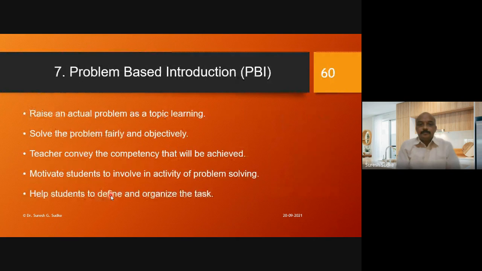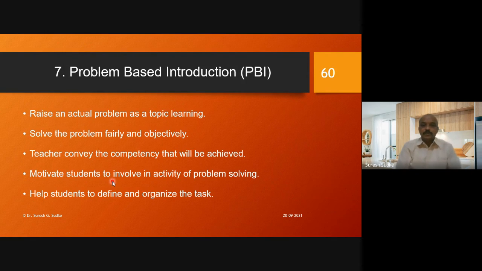Then problem based introduction, which is similar to problem based learning. So we raise an actual problem in the topic being learned. The students should solve that problem fairly and objectively. The teacher conveys the competency expected regarding the achievements.